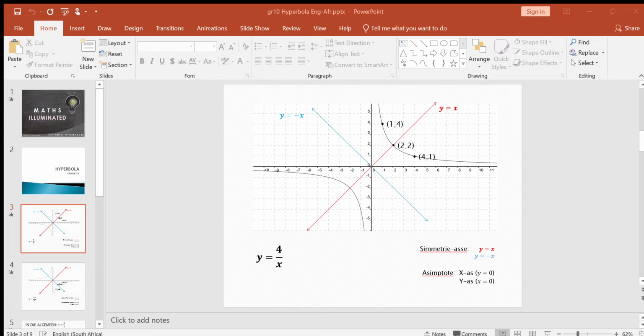There I just give you a bunch of coordinates. This is of course my axis of symmetry. That one is y is equal to x. Then we have our second axis of symmetry, and it is y is equal to minus x.